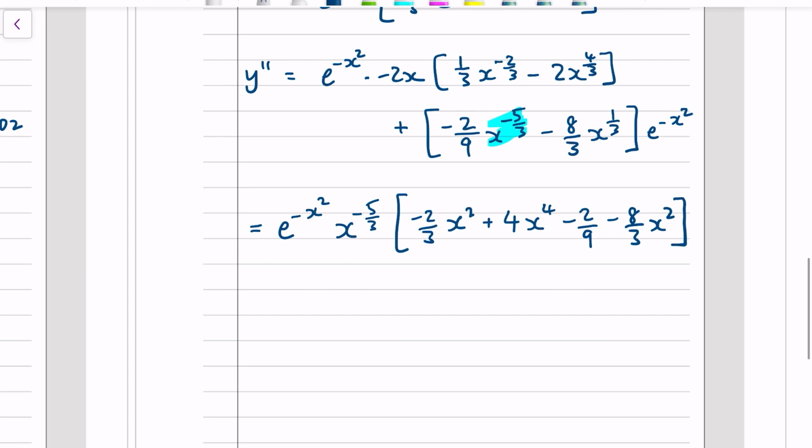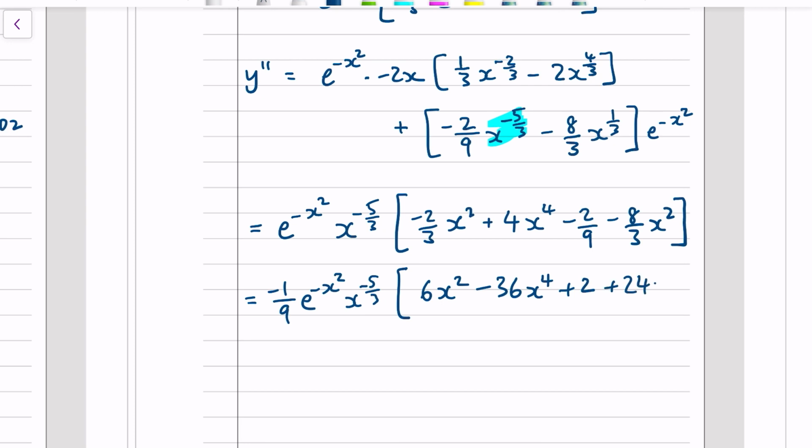Now I don't like the fractions here, so I'm going to pull out a factor of minus 1/9 by timesing everything in the brackets by -9. When I do that, the first thing becomes 6, and then negative 36x to the 4, then plus 2, and then times in the last thing by -9 gives me plus 24.